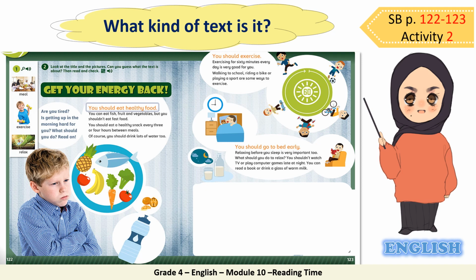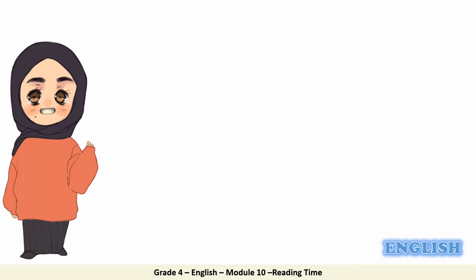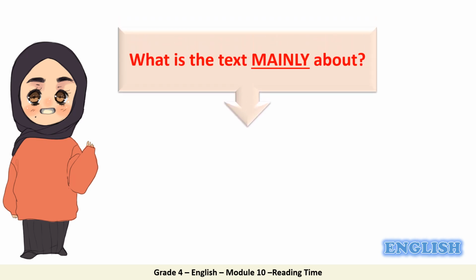Let's read them. You should eat healthy food. You should exercise. You should go to bed early. This means the text is factual. It's giving us information. After we check the title and the pictures of the text, can you predict what the text is mainly about?